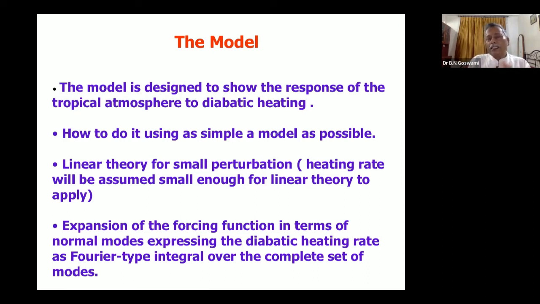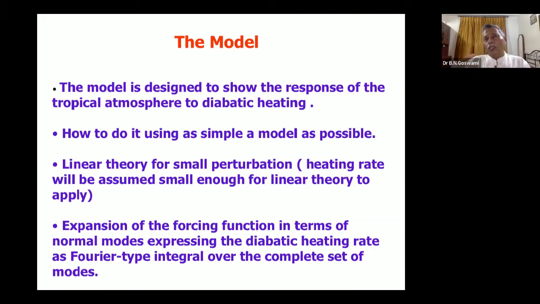Diabatic heating meaning non-adiabatic, essentially the radiative or the convective heating associated with the precipitation. So this is where the vertical structure of the heating comes into play, and that is where we have to assume a vertical structure of this heating in the atmosphere. Suppose it is only land surface heating, and that tries to heat the atmosphere.